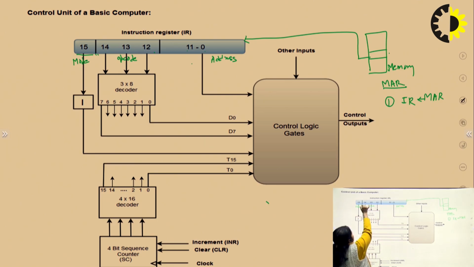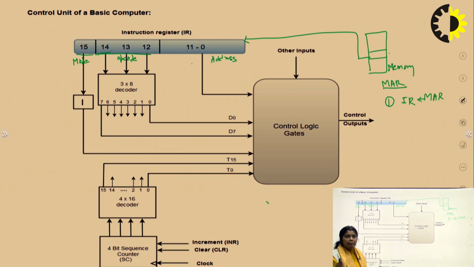And the next is the opcode. The opcode is the operation code, whatever operation you are going to perform on your operands. Here only 3 bits are there for the opcode, bits 12, 13 and 14.